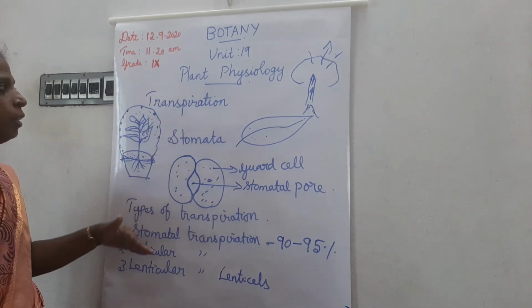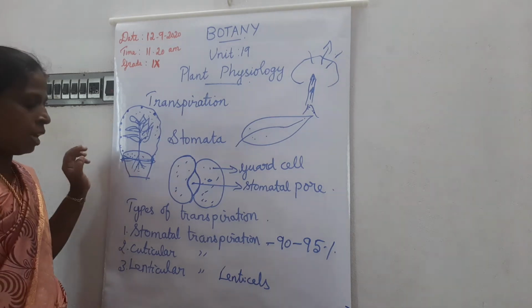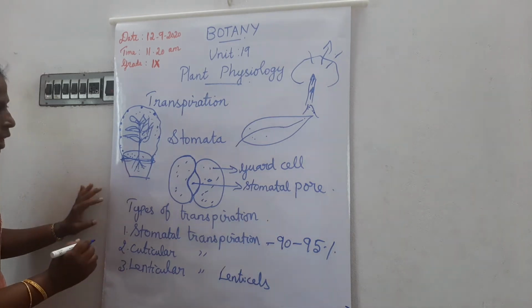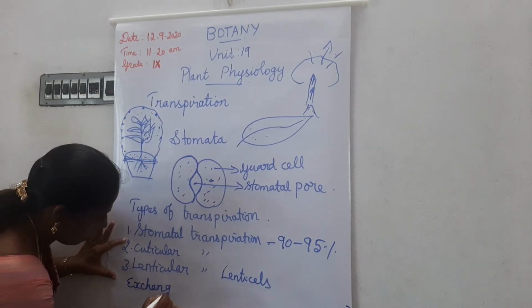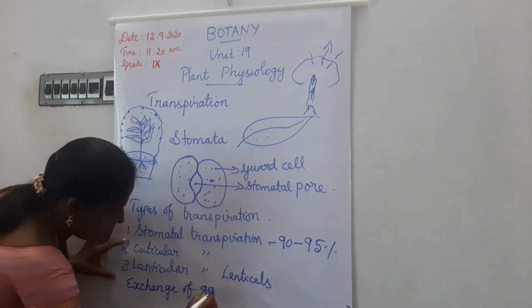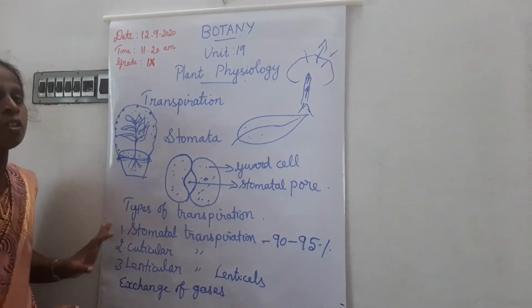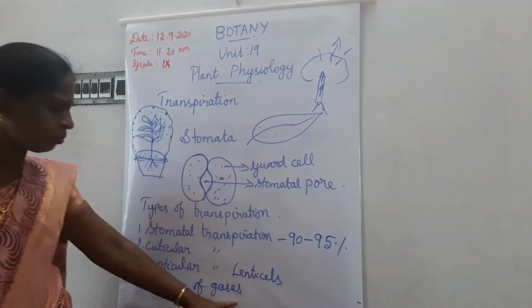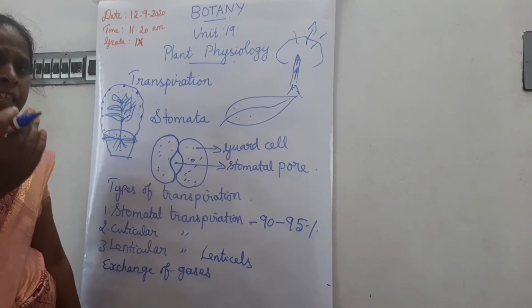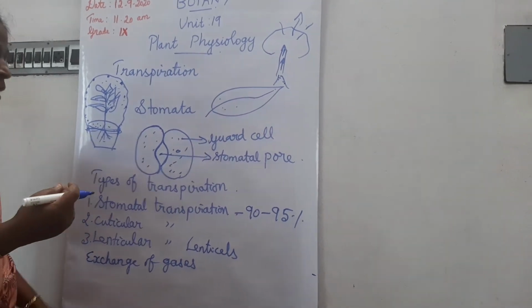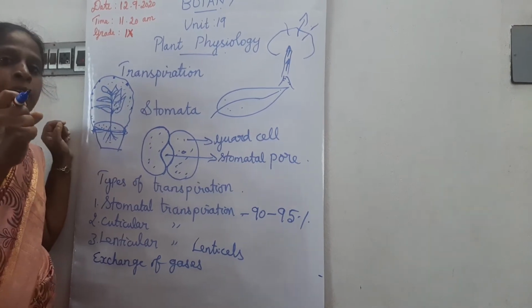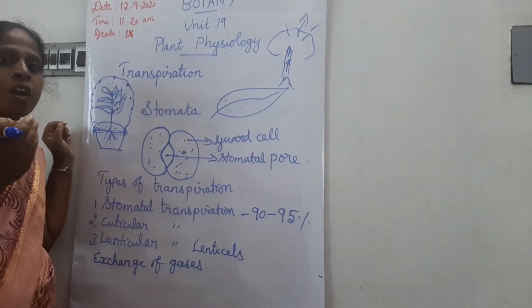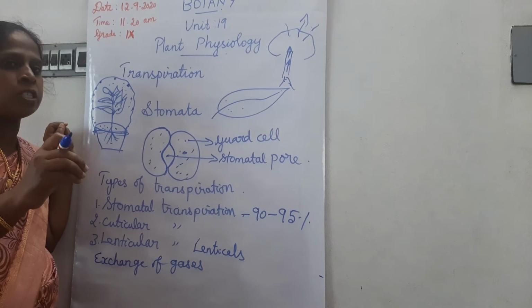So we have learned about transpiration. Next one is exchange of gases. In plants also, there is an exchange of gases. The plants absorb carbon dioxide and release oxygen during photosynthesis.